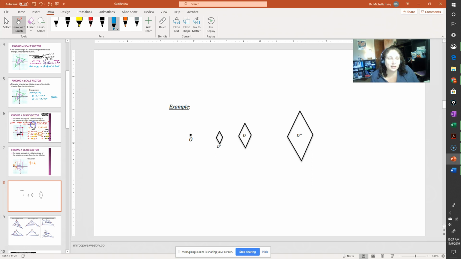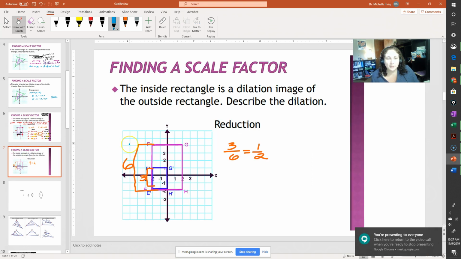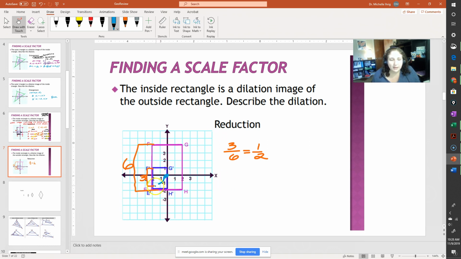So if we look here in this picture, from this point right here, I would say E and E prime are both, let's say, 2 over 2. If I had my center of dilation here, my vector would be -2, -2.